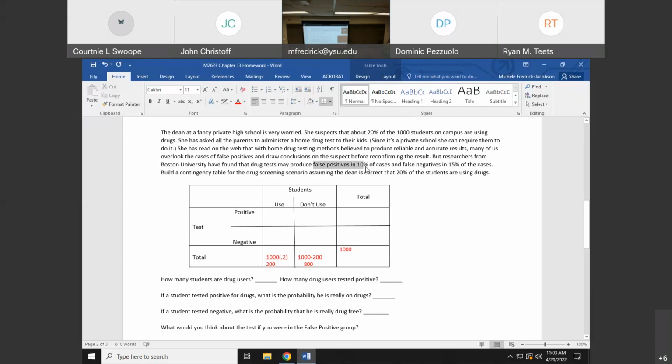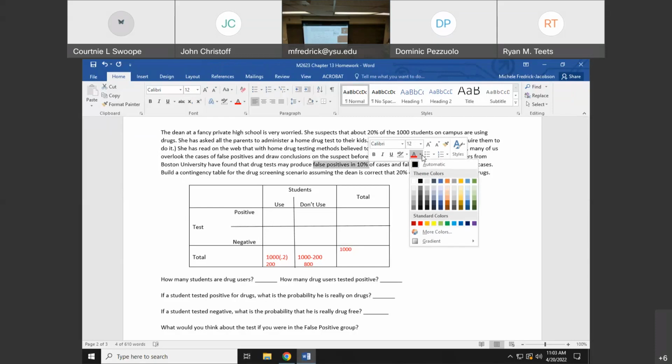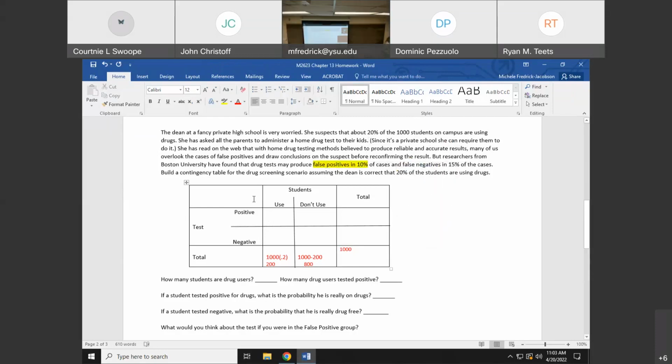Where's the false positive at? You tested positive, it was wrong, so that's here. That's our false positive. It's 10%.